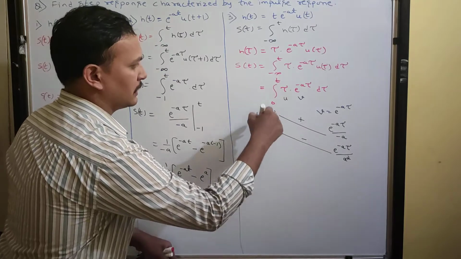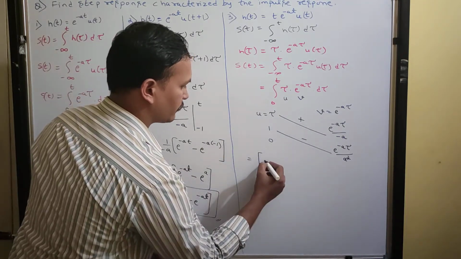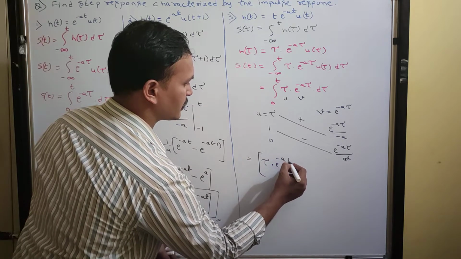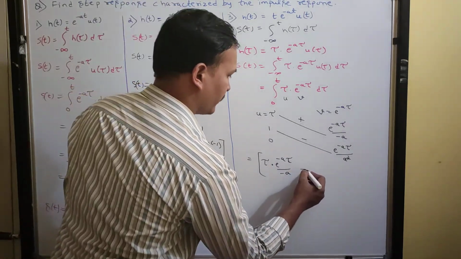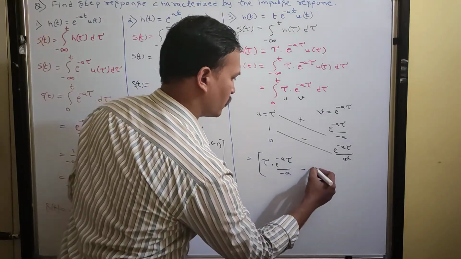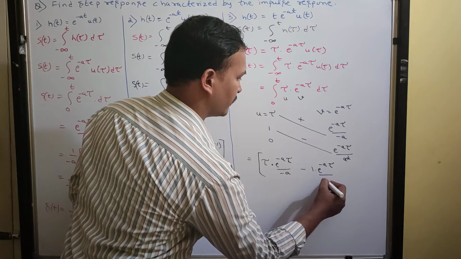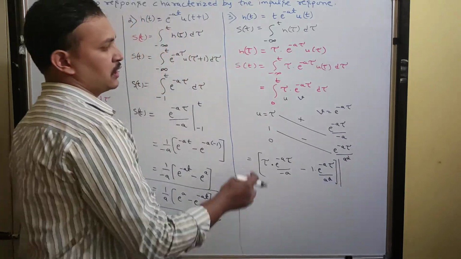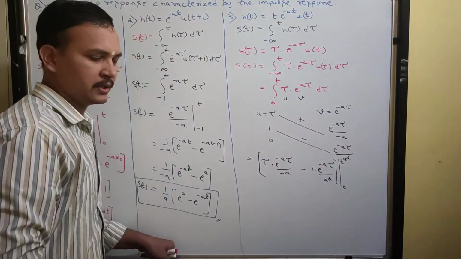So after integration, you can write tau into e to the power of minus a tau by minus a, and minus, 1 into e to the power of minus a tau by a square, and apply the limits. What are the limits? 0 to t. Integration is over.